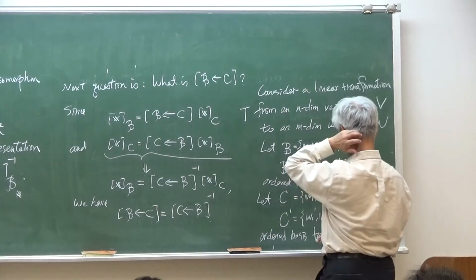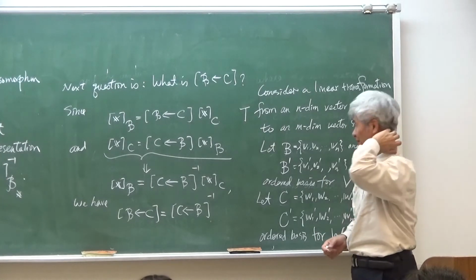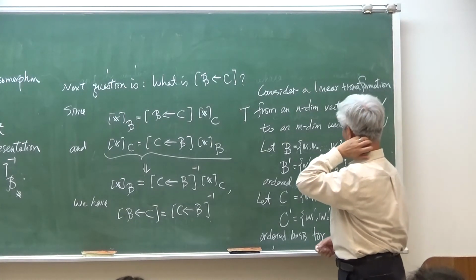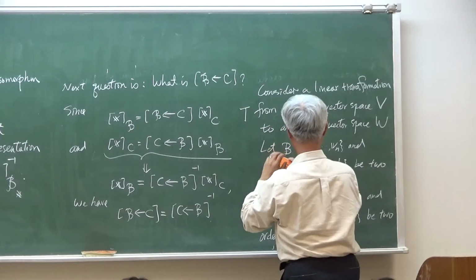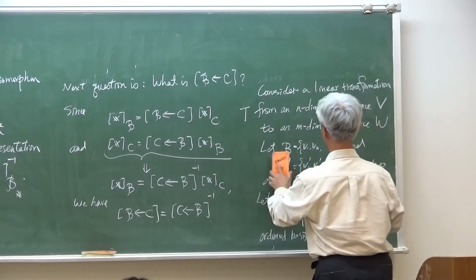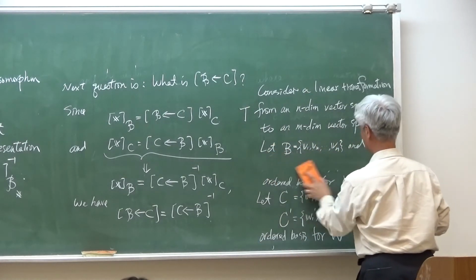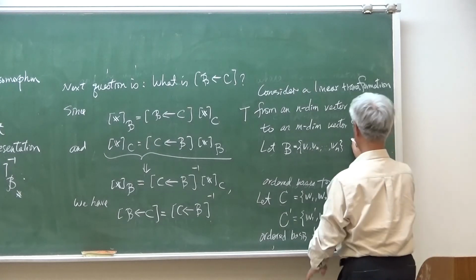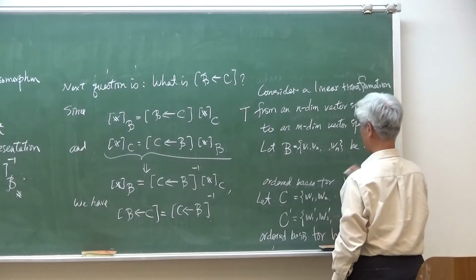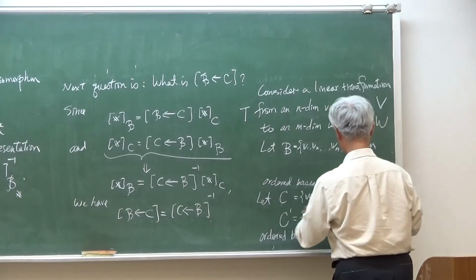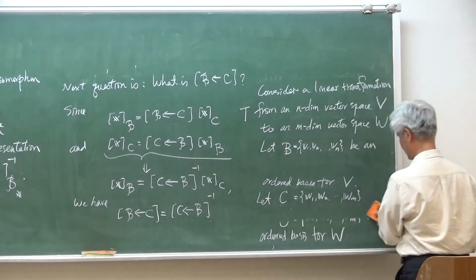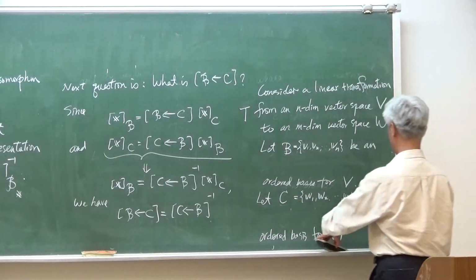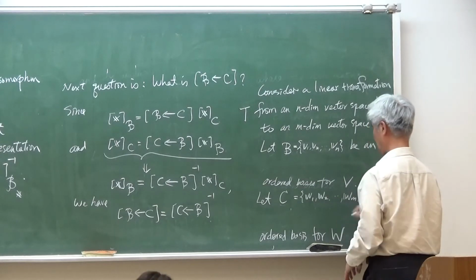I think too much at this step. So that's why. But okay. So maybe I don't need this. So let B be the basis for V, and C the basis for W.